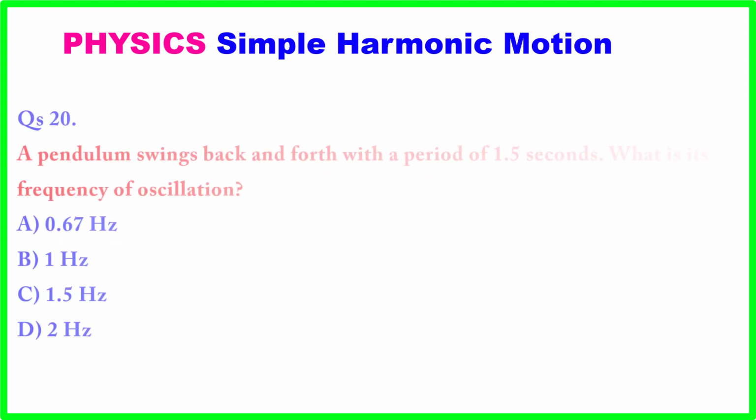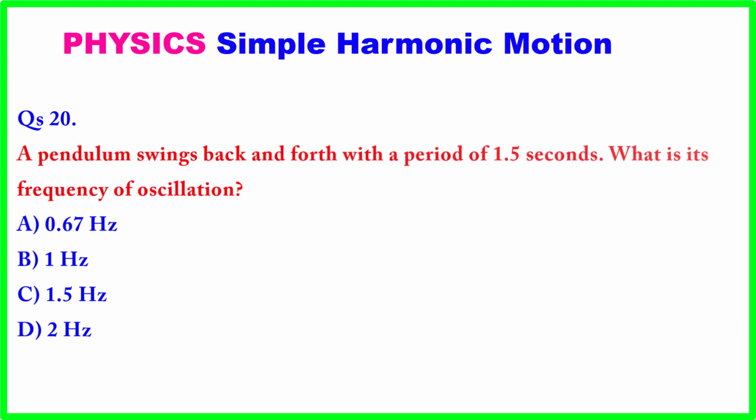A pendulum swings back and forth with a period of 1.5 seconds. What is its frequency of oscillation? 0.67 Hz.